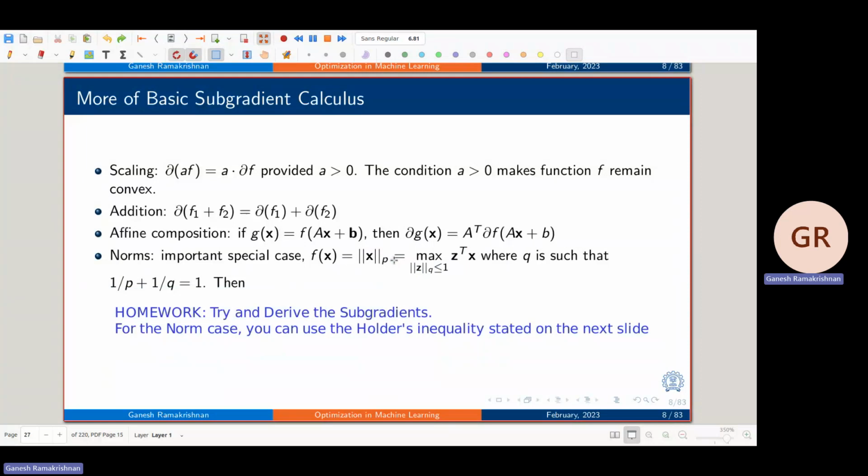So it's the max over the 2 norm of z less than or equal to 1 of z transpose x. I use z here, z and x, just to be consistent.